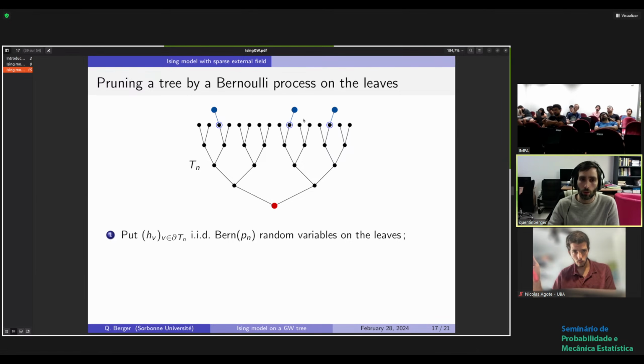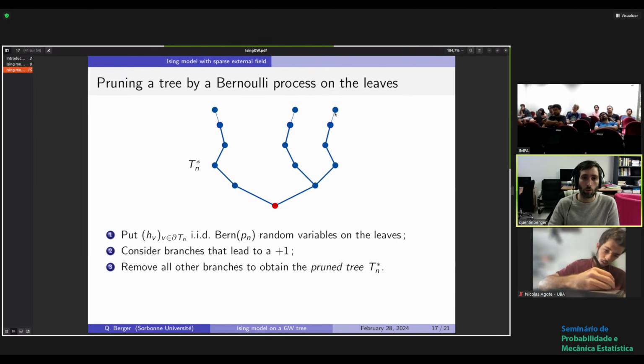You put IID Bernoulli random variables on the leaves. You consider all the branches that lead to a +1, and you remove all the other branches. That gives you a subtree of your initial Galton-Watson tree, which I'll denote Tn star. This is what we call the pruned tree, right?